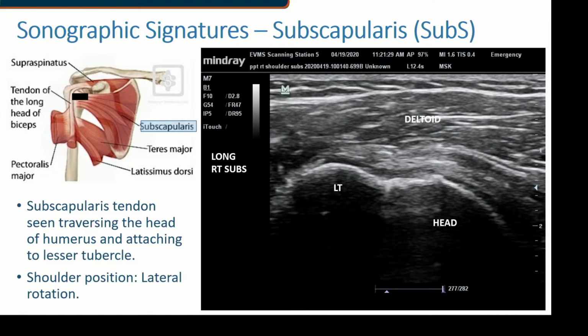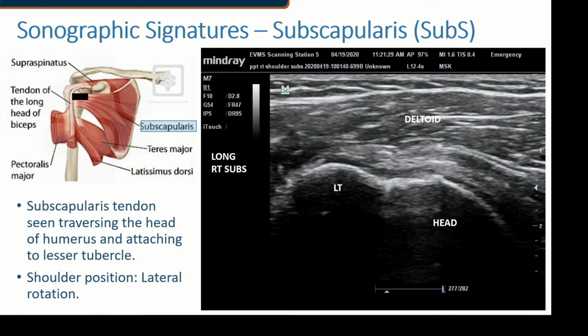We'll still see that overlying deltoid, but now you'll be able to watch this in real time as the tendon slides out. But you also want to watch it sliding out from underneath the coracoid, and you're going to want to go back and forth a little bit to make sure that it's not impinged in any way.